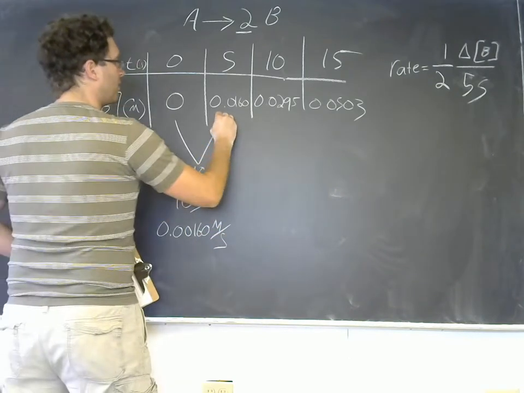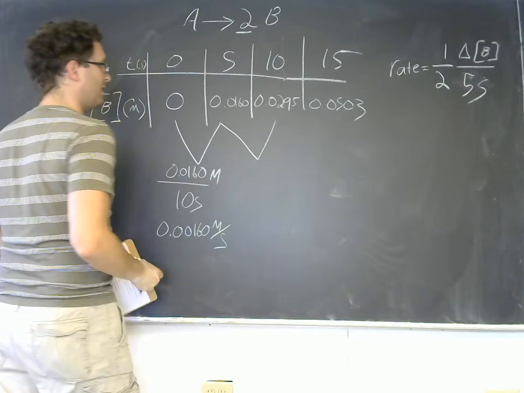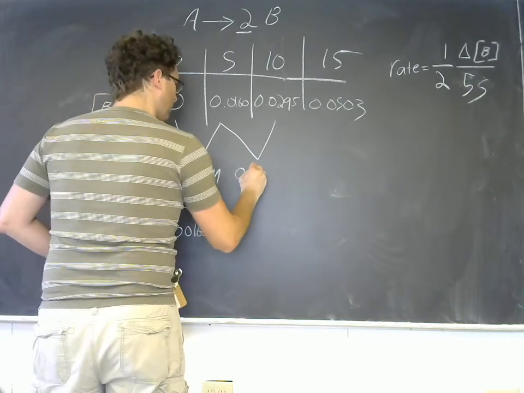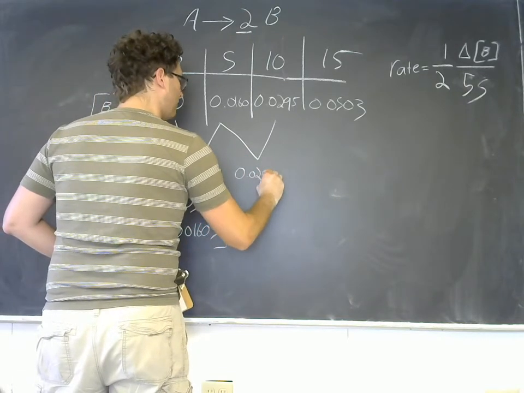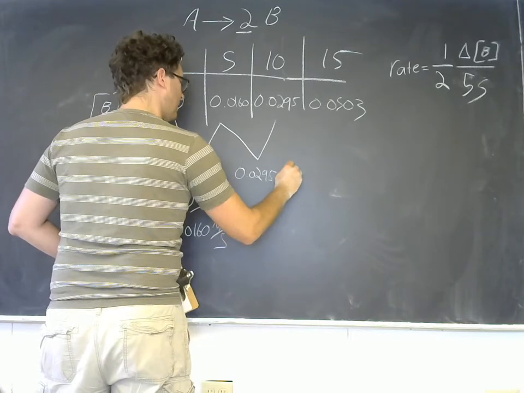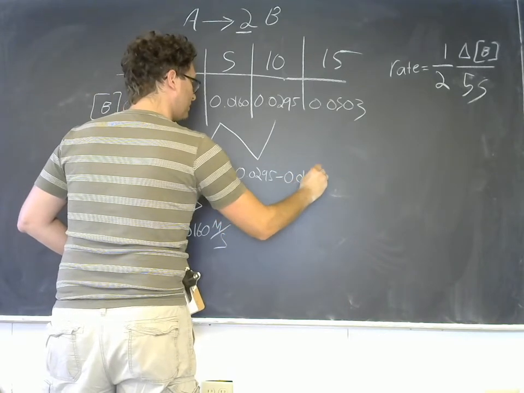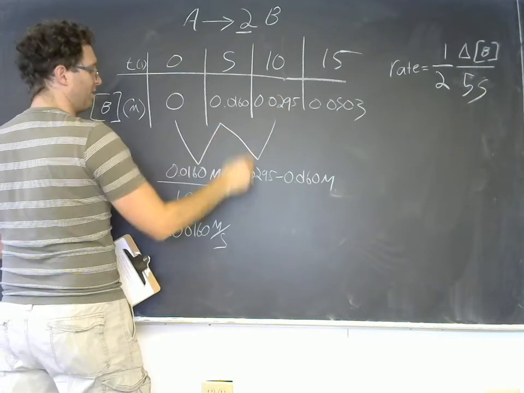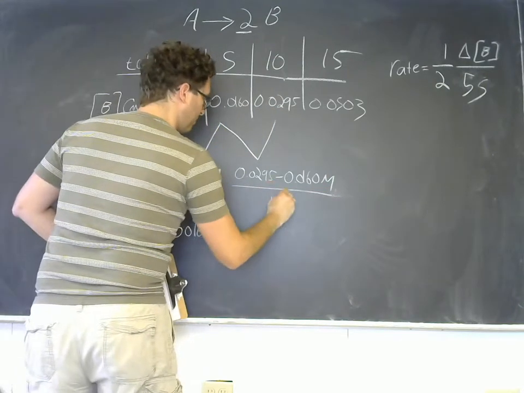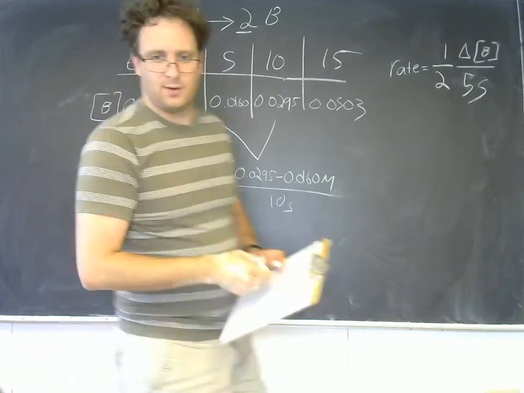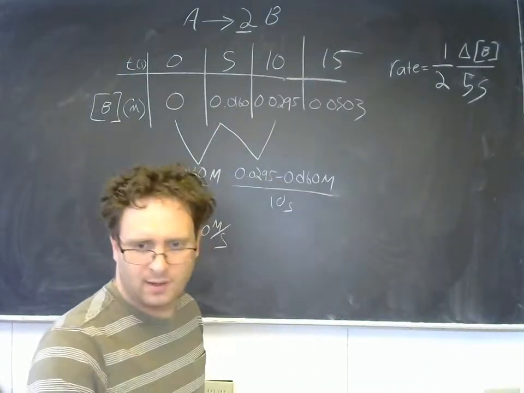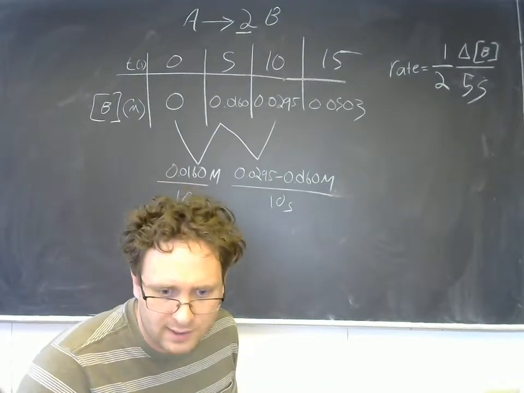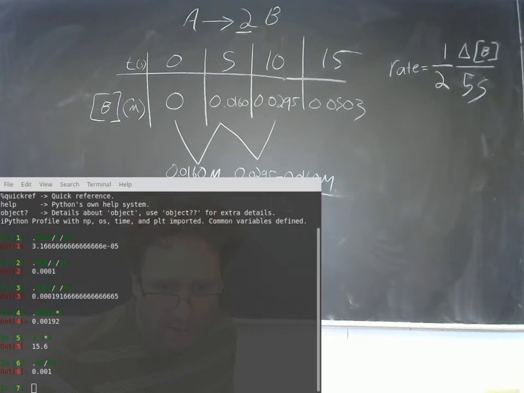What about this interval? That'll be 0.0295 minus 0.0160 molar. So what's the change in concentration over that interval? We'll divide that by 10 seconds. Only this time I need to quickly sit down and run those numbers.